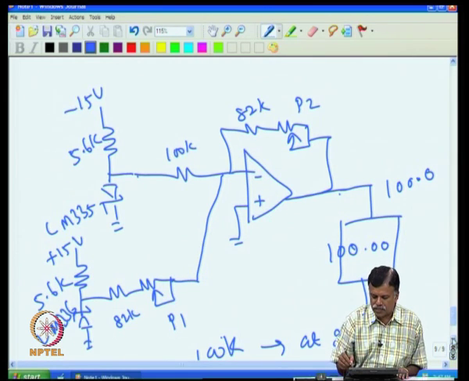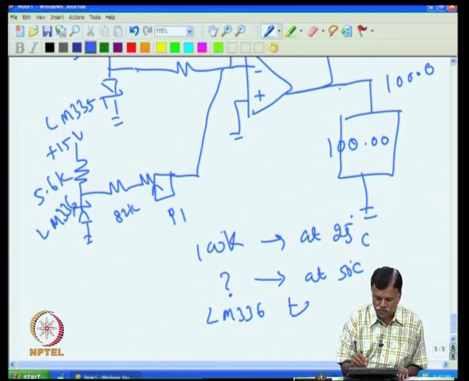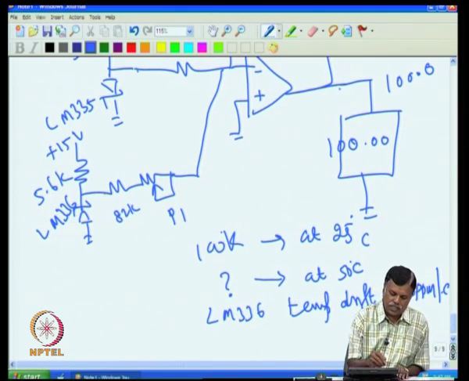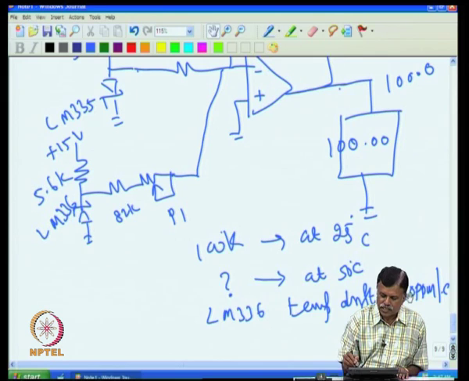If you look at the data sheet of LM336, it says temperature drift is equal to 30 ppm per degree C. That is, the voltage available at this point will be changing by 30 ppm per degree C. They are not telling whether it will increase or decrease. If you look at the data sheet carefully, they are telling it is plus or minus 30 ppm.